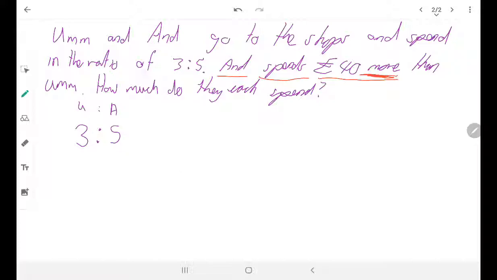So we're going to go 40 more. And now I'm going to write the same at the top, blank more. And we're going to look at the ratio. So here we've got, and gets 2 more.